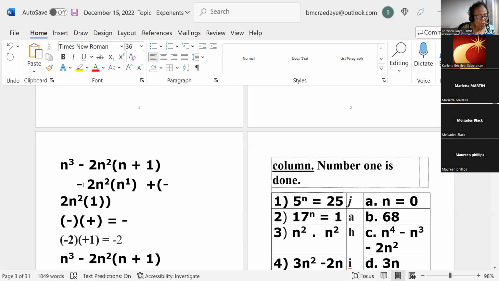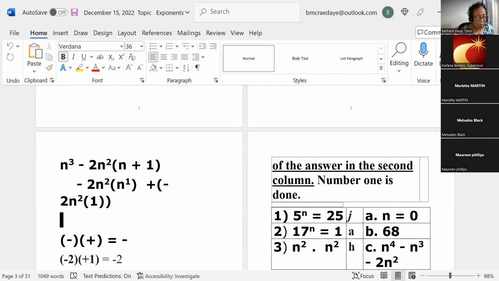So this minus 2 times the 1 will give you a minus 2. Now, add the powers. When you add the 2 and the 1, what do you get for the power? It's 3. That's right. Very good.